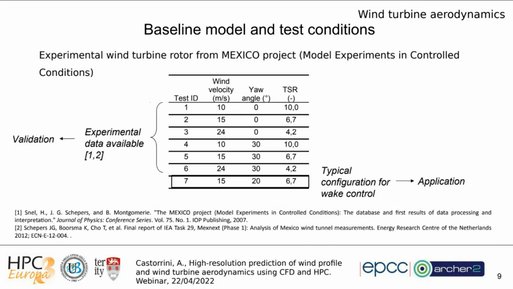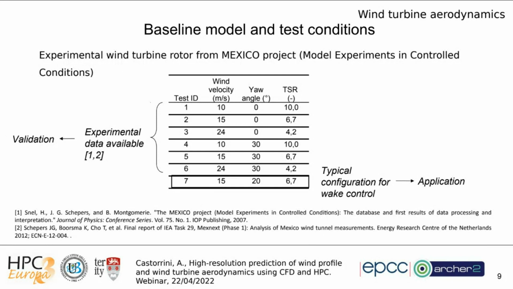The rotor is rotating always at the same velocity, so that means that the non-dimensional tip speed ratio is different in the 3 situations, and in this case we can test it with these velocities and an axial wind inflow.